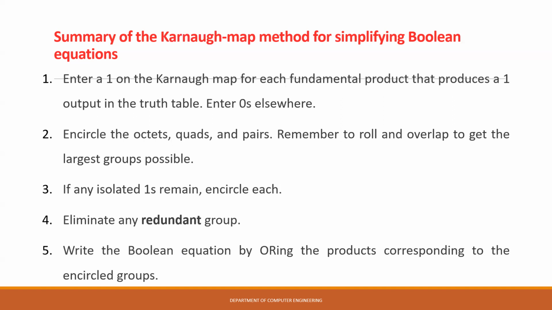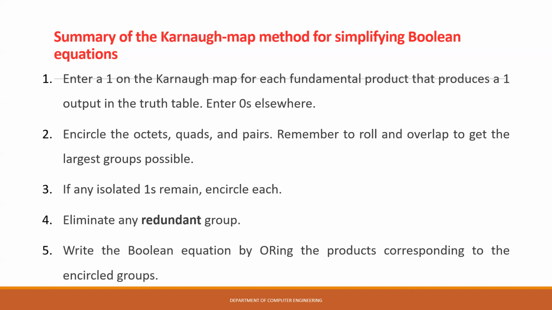Similarly, for three variable K map, maximum cells present in the three variable K map are 8 cells. That's why we can follow the sequence by assigning the priorities as octet, chord, pair, and single ones.